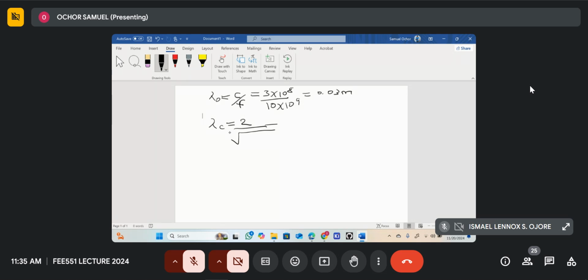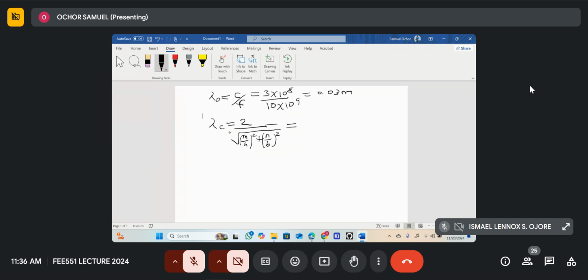So the general expression is 2 over the square root of (m over a) squared plus (n over b) squared. Then let m be 0 so that you remain with n over b.